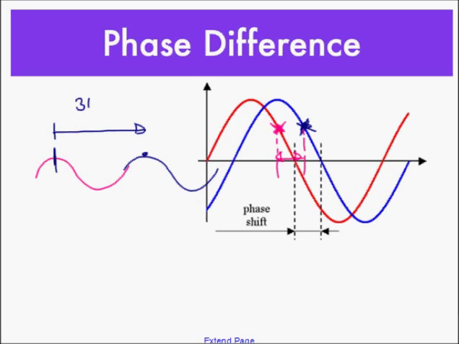Now one whole wave is 360 degrees or 2 pi. If a wave was completely out of phase, in other words it looked like this, the distance there is half a wavelength, so that would be 180 degrees or pi. And so it all depends on how much different it is. Okay, we'll use some of the examples in class. And that's it for waves.